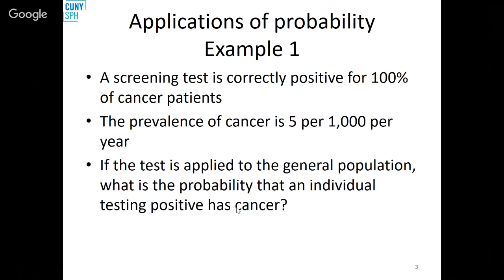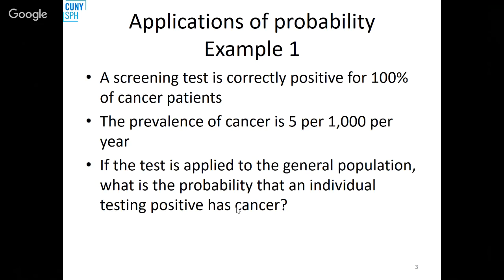Why is that? That's the prevalence. That's your probability of having it before the test. After you receive a positive test, your probability could be different. We've heard one person say that your probability after receiving the positive test is 100%. I don't necessarily agree with that, but it could be different than 5 in 1,000.